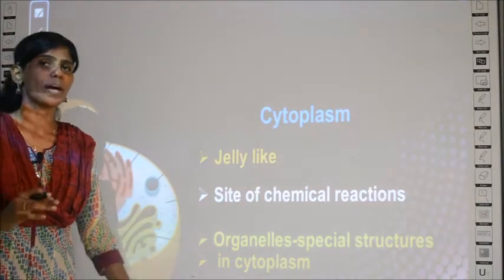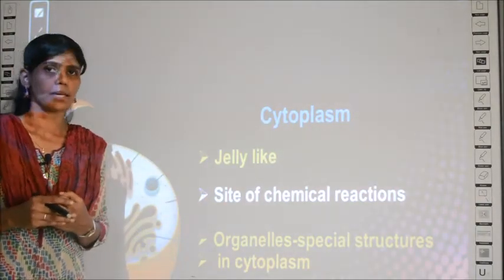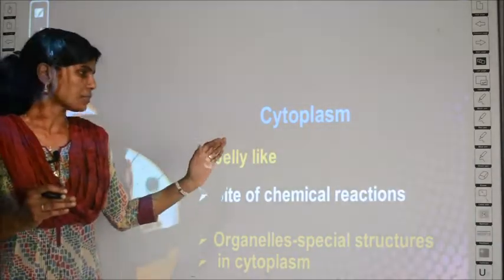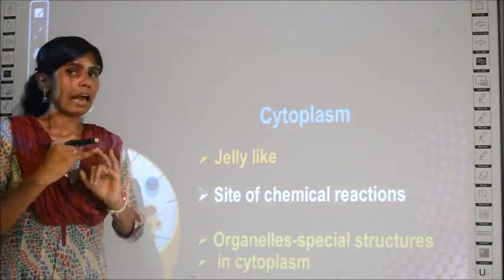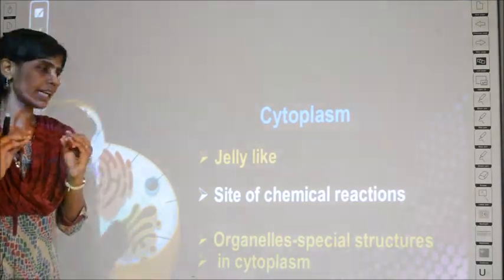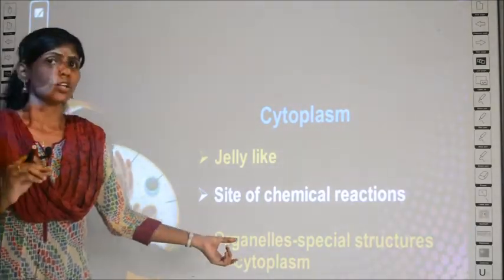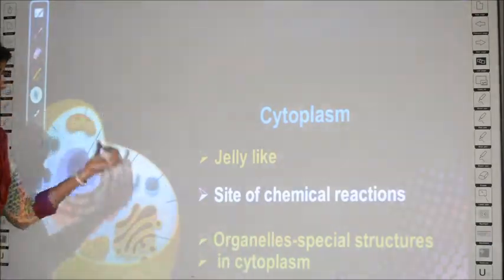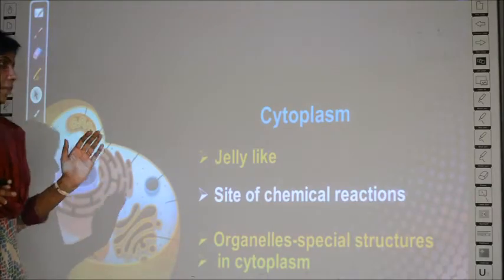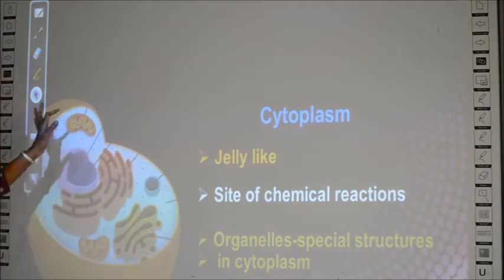It is the place where the organelles are present. So what have you studied about the word cytoplasm? Cytoplasm is jelly-like material and it is the place where all chemical reactions of the cell take place, and also the organelles of the cell are all suspended in the cytoplasm. Clear? This is about protoplasm and cytoplasm.